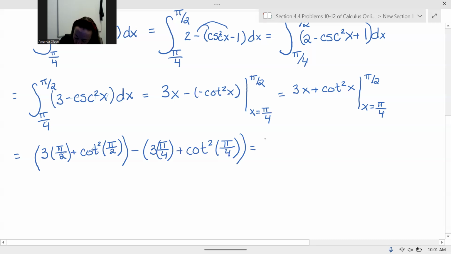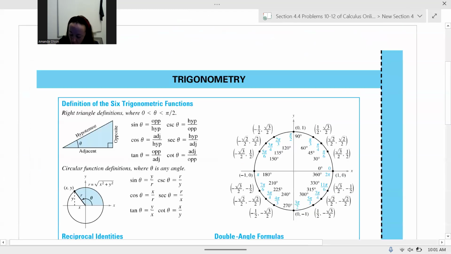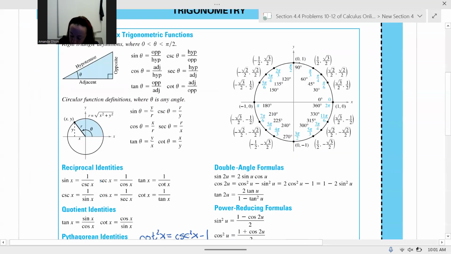Okay, so then we have 3/2 pi plus cotangent of pi over 2. So if we think about where pi over 2 is on the unit circle, let's just go to the unit circle. We want pi over 2. Cotangent is cosine over sine, so this is 0 over 1.